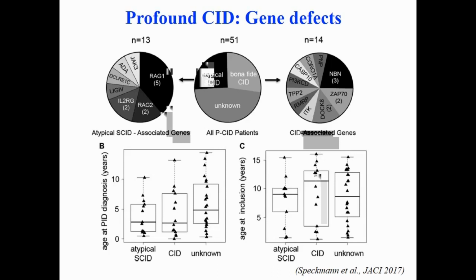So again, this adds to complexity because you are initially diagnosed one way, then diagnosed another way, or you remain without a genetic diagnosis. From a clinical standpoint, they may be exactly the same thing. Clinically, they may present exactly the same way.